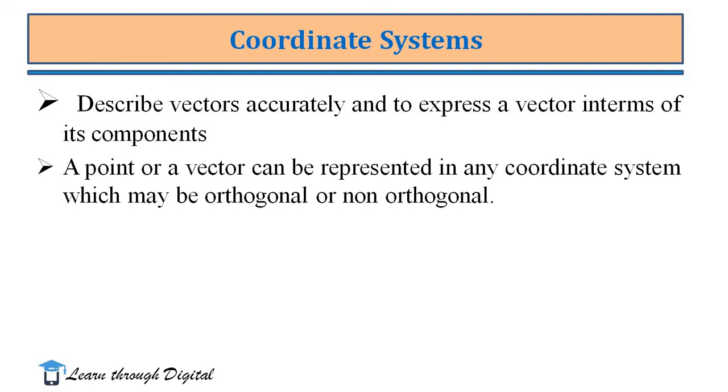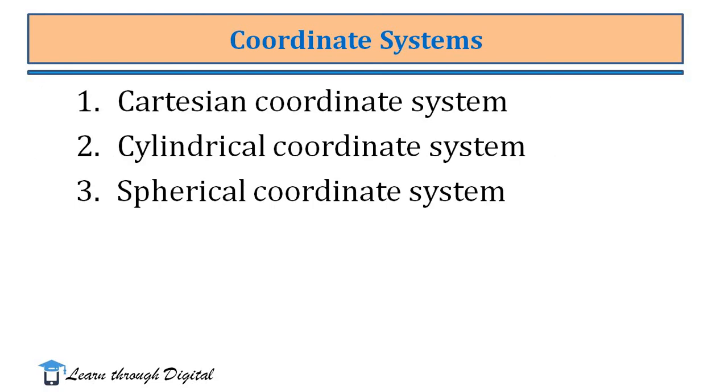There are various coordinate systems available in mathematics, out of which 3 coordinate systems are used in this course, electromagnetic fields. These are Cartesian or rectangular coordinate system, cylindrical coordinate system, spherical coordinate system.